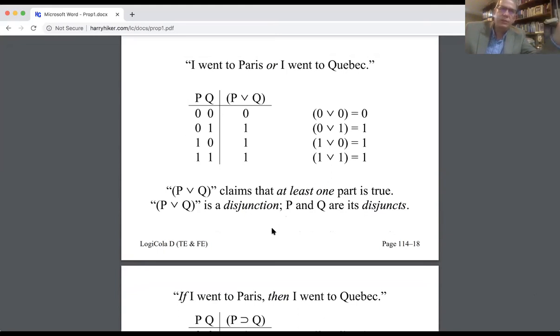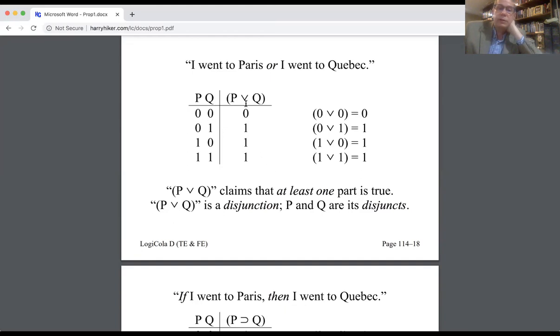In the exclusive sense, it means P or Q, but not both, or this or that. In the inclusive sense, it means P or Q or both, right? So we're using this in the inclusive sense in this truth table.